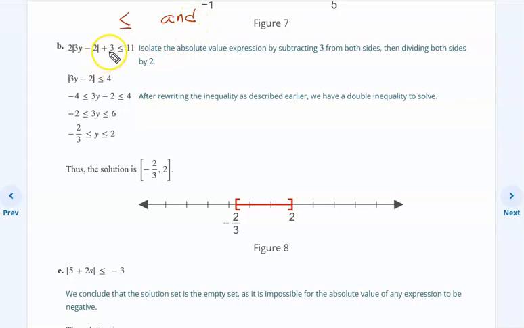So the first thing they're going to do is take this 3 here, subtract 3 from both sides, and then divide both sides by 2, and you end up with a 4. And again, since this is an and, they're writing it up as a conjunction.